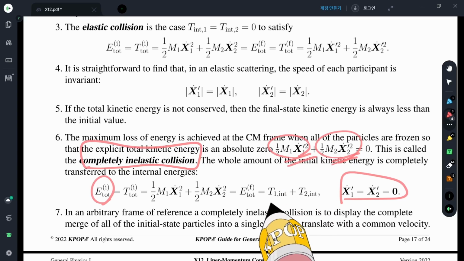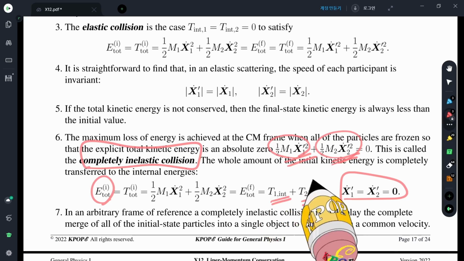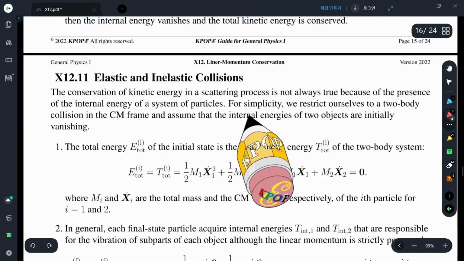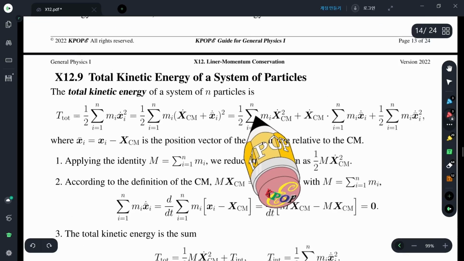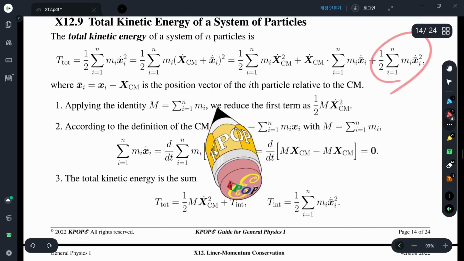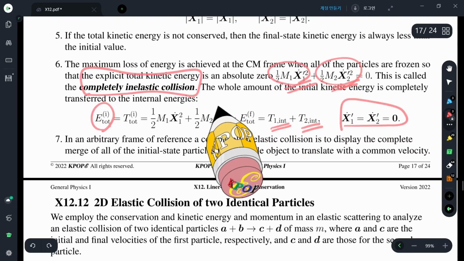The sum of the internal energy of each particle corresponds to this contribution inside each particle's system. That is the only way to understand the lost energy. So energy is not actually lost.